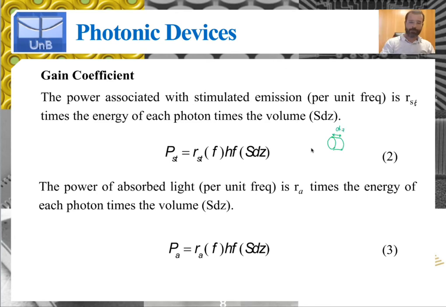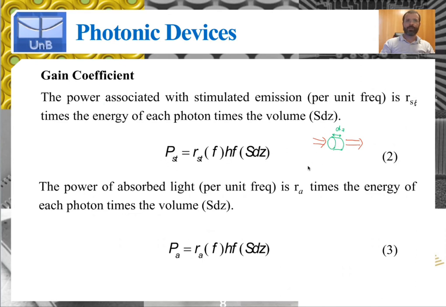Differential length dz, and a beam of light is impinging on this material, and you have some light that is coming out of the other end, either because it's generated inside the material due to stimulated emission, light that is emitted by stimulated emission, where the stimulus is the impinging beam of light, or light that is just passing through.